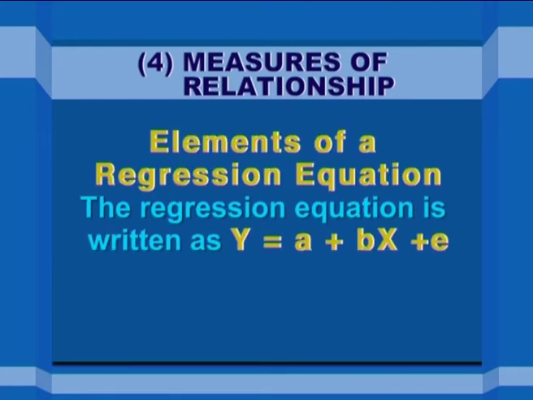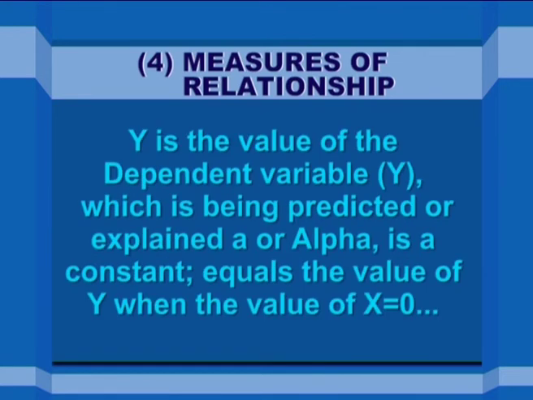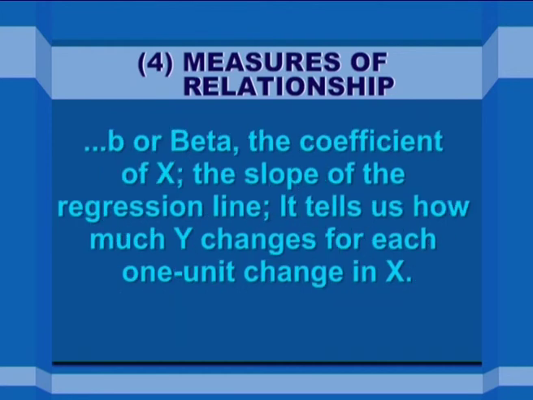Elements of the regression equation. The regression equation is y equals a plus bx plus e. Y is the value of the dependent variable which is being predicted or explained. A, or alpha, is a constant, equal to the value of y when the value of x is 0.